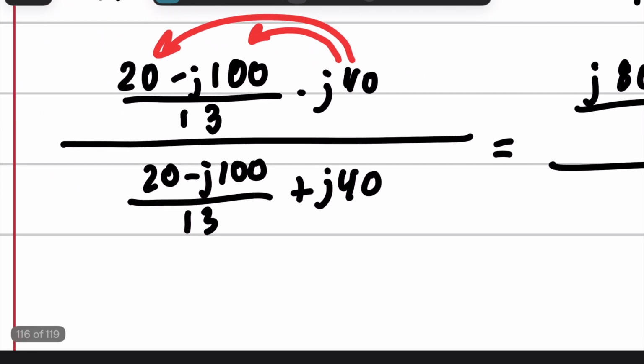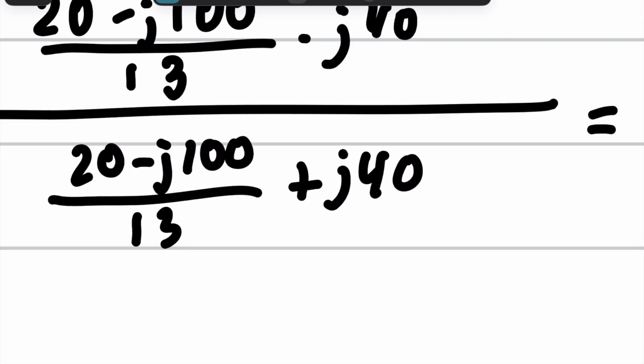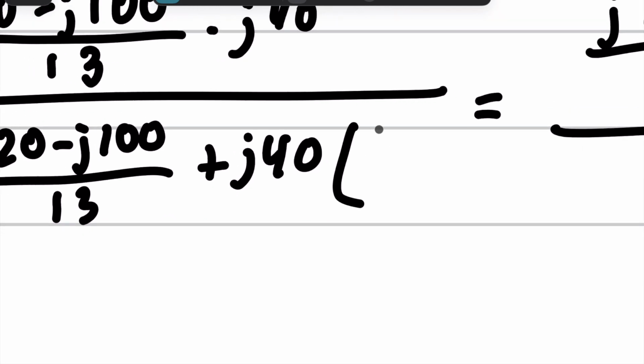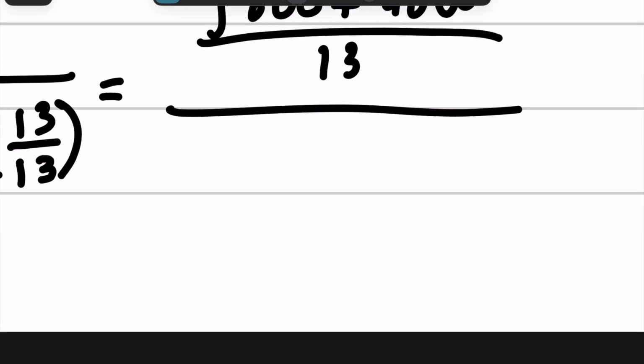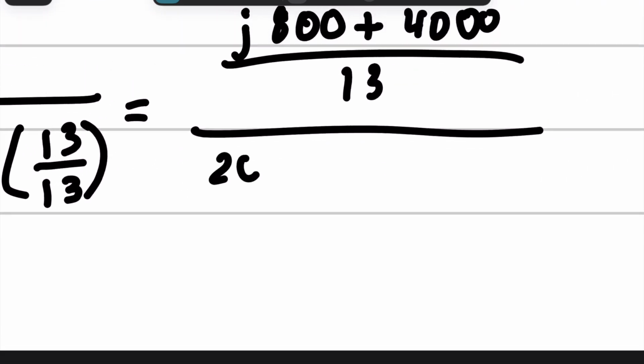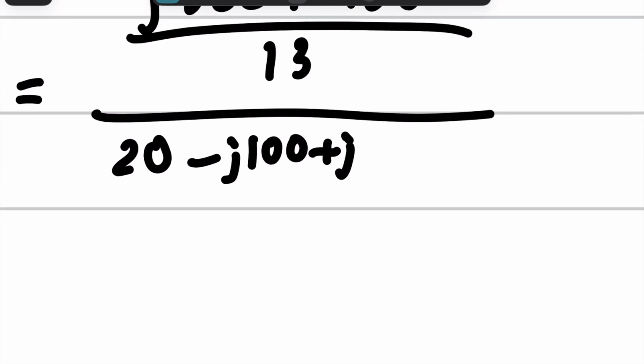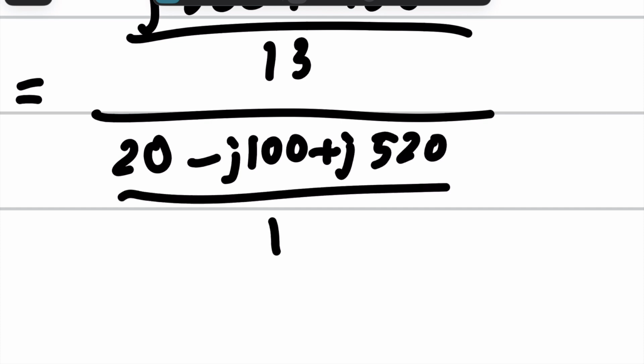And on the bottom, we've multiplied by 13 over 13 so that we can add them together. We're going to get 20 minus J100 plus J520 over 13.